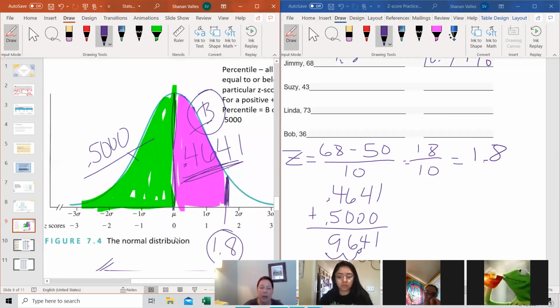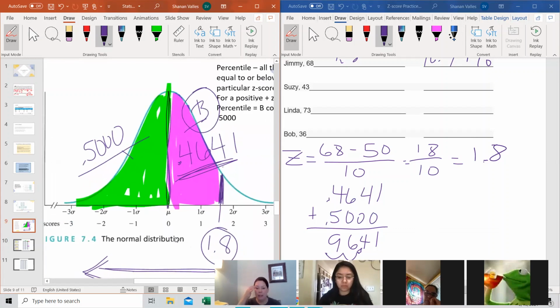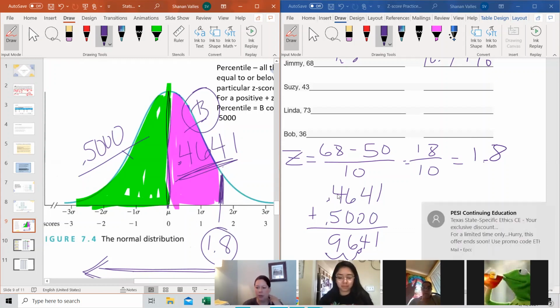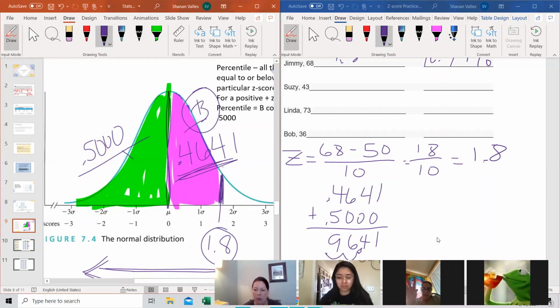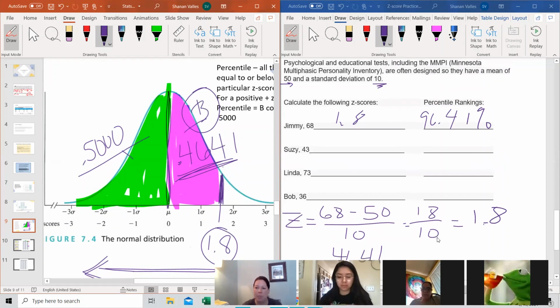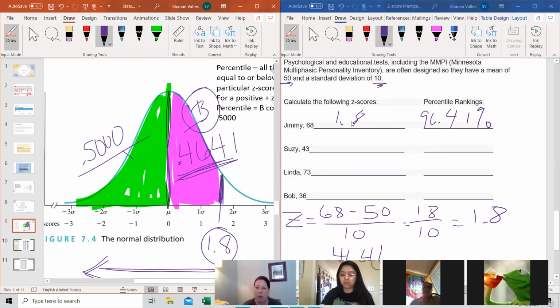All right, okay, how do we feel about that? We feel okay? Okay, so let's do a negative z-score. We have to put both. The z-score is gonna be 1 point and the percentile is gonna be another point. I mean, we have to do it both for the tests.